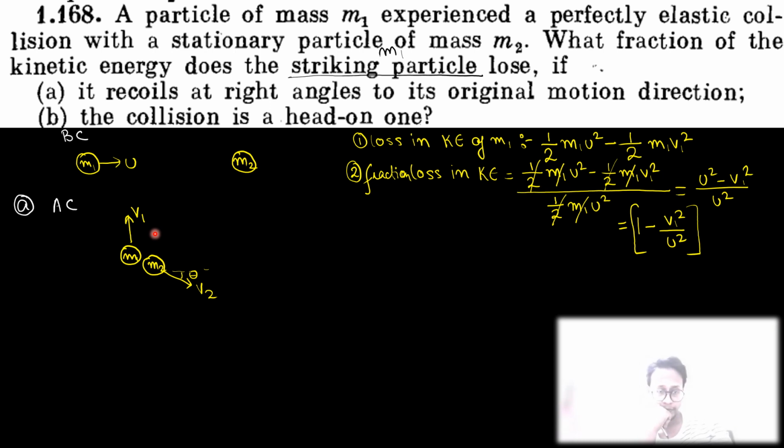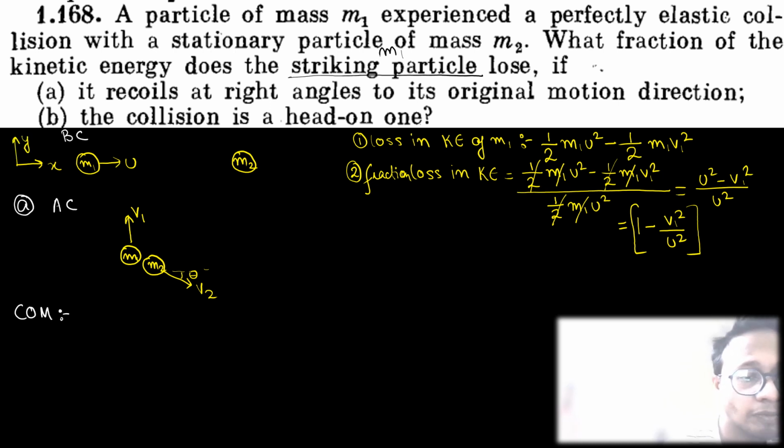Can I apply conservation of momentum? So applying conservation of momentum, what do I get? What is the initial momentum? Let this direction be i cap. Let this direction be x-axis and the upward direction be y-axis.